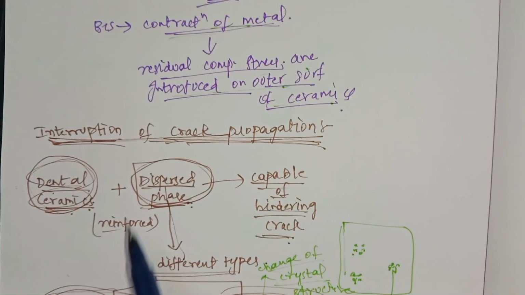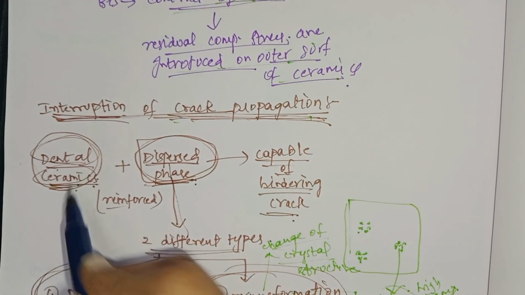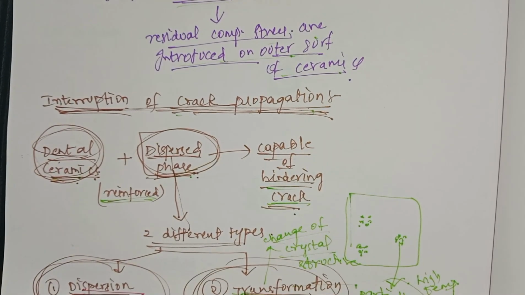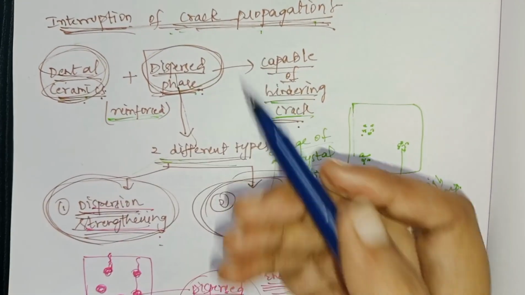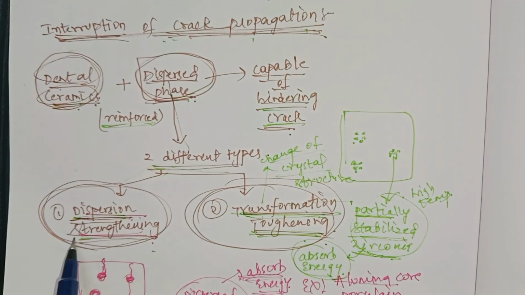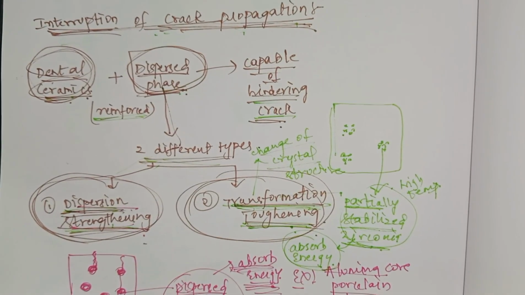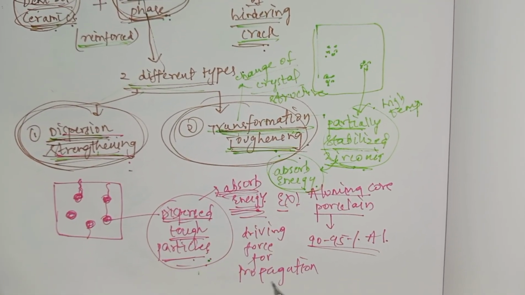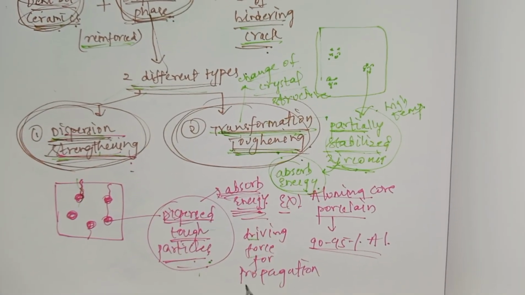Next, we have studied interruption of crack propagation, where dental ceramics, when reinforced with the dispersed phase, are capable of hindering the crack. This is done by two methods: dispersion strengthening and transformation toughening. Dispersion strengthening is where the dispersed tough particles absorb energy from the crack, depleting its driving force for propagation.